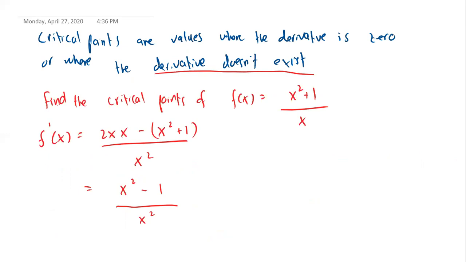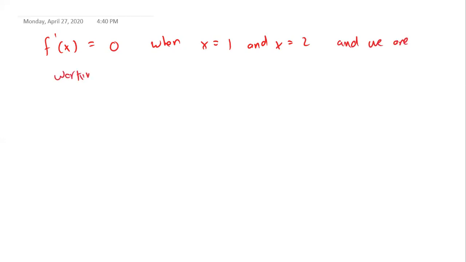So if you have a critical point happening at the endpoint of an interval, so suppose we have f prime of x equals 0 when x equals 1 and x equals 2, and the interval we're working on is, let's say, 1 to 3, then out of these two places where the derivative equals 0, only x equals 2 is a critical point because it's inside the interval.